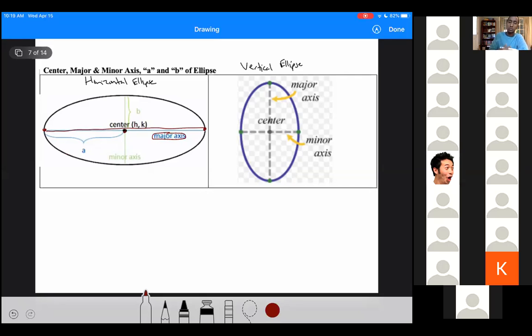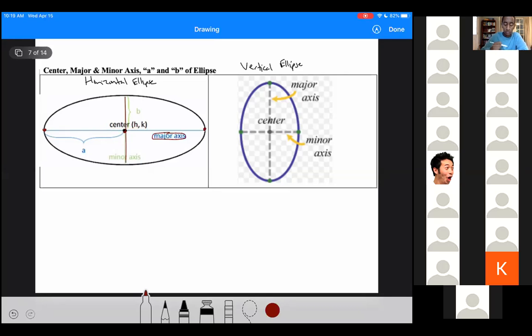Think axis of symmetry. When you cut a parabola in half, the axis is kind of cutting it in half. But major means big, so that's the bigger one. Minor, meaning small, is basically the smaller cut in half that you can do with that axis. So this from here to here is the minor axis. Okay, so the major axis is the longest length or axis that you cut it in half.